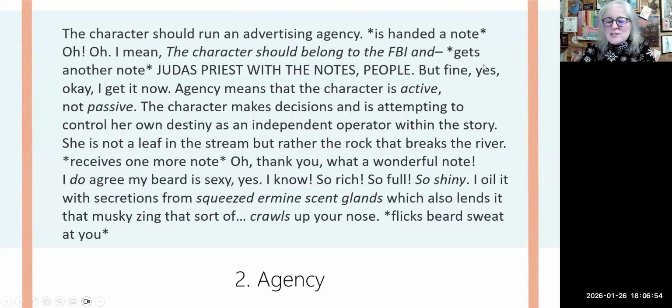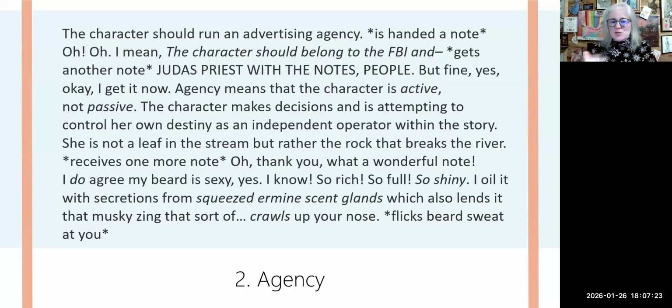The character should run an advertising agency, is handed a note. I mean, the character should belong to the FBI and gets another note. My goodness with the notes, people. But fine, yes, okay, I get it now. Agency means that the character is active, not passive. The character makes decisions and is attempting to control her own destiny as an independent operator within the story.